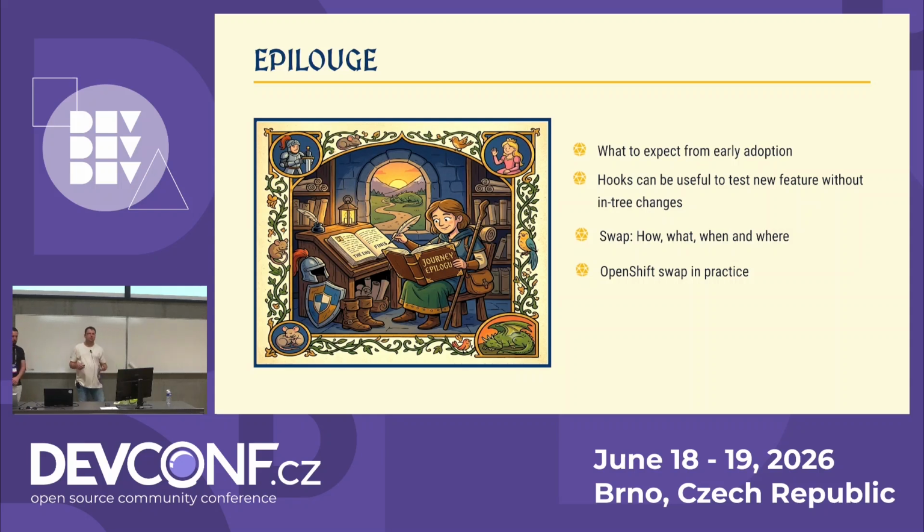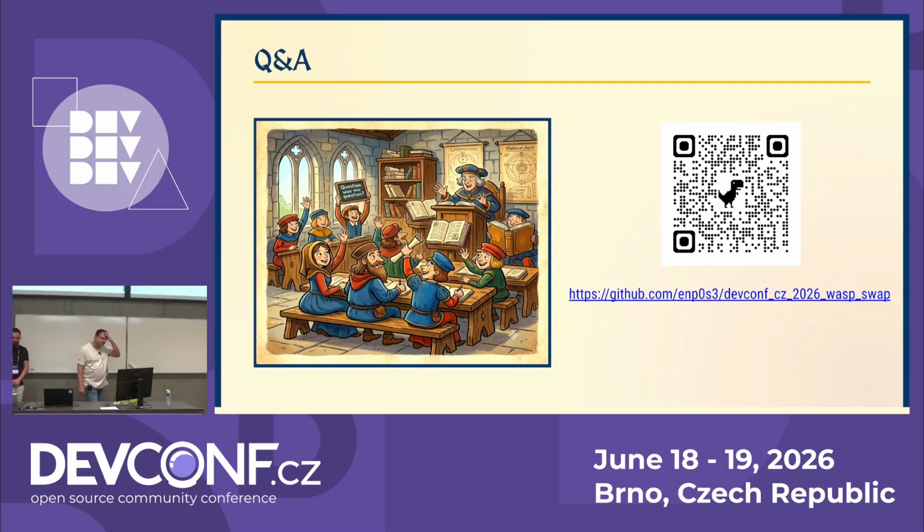There are these hooks that we showed, NRI and OCI, and we saw the drawbacks of OCI, when not to use it. And we shared the real numbers with you. So yeah, thank you.